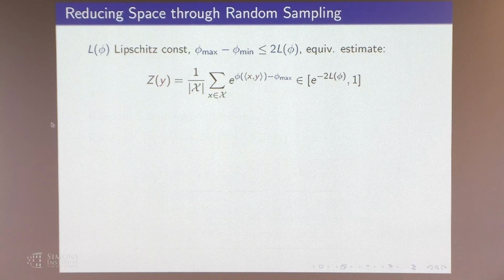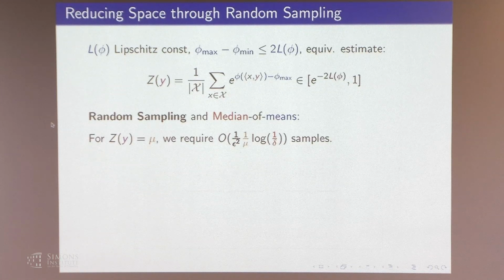Since this function phi is applied to inner products ranging between 1 and -1, these are unit vectors, we know that the difference between the maximum value and minimum value is at most twice the Lipschitz constant. So we can normalize and make sure that all of the kernel values are in the range e to the power of minus 2 L of phi, and 1, just by scaling. So let's say we're in that setting.